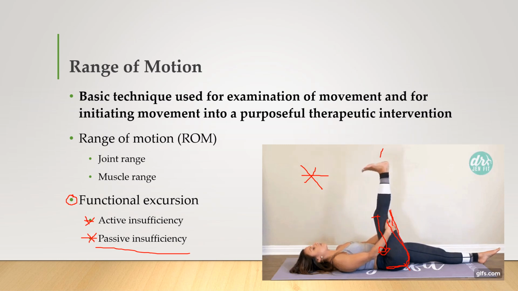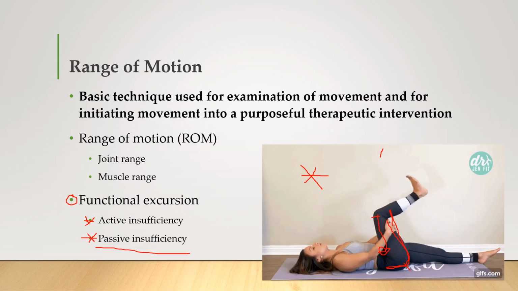With active insufficiency, we're going to get less motor output or less strength because the muscle is too short to develop tension and really provide any type of what we call muscle performance, right? Strength, power, whatever it may be. And again, we're going to talk a little bit later in this course about a muscle length-tension relationship.